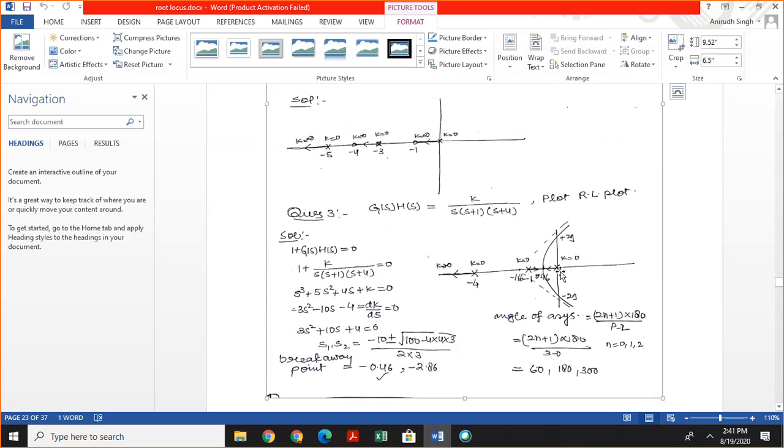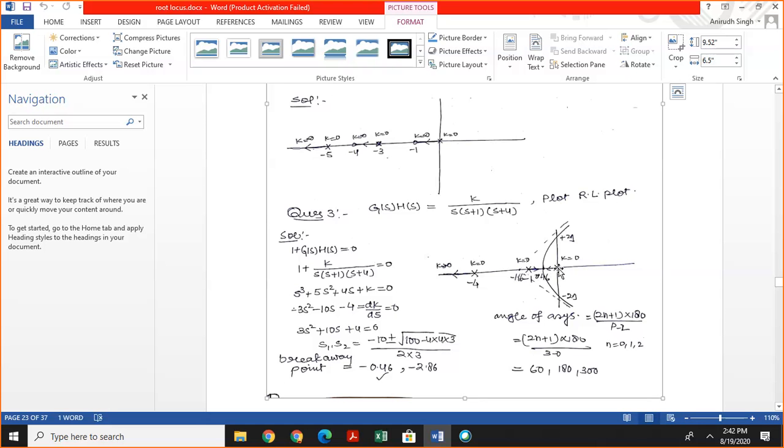Since these are 2 consecutive poles, there must be one breakaway point or break-in point in between 2 consecutive poles or 2 consecutive open loop zeros.